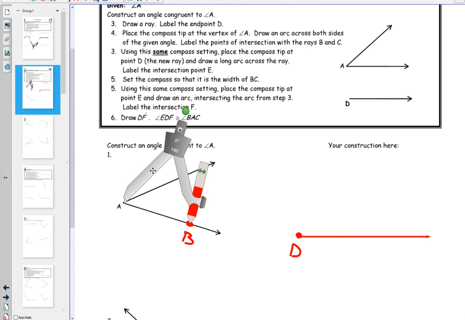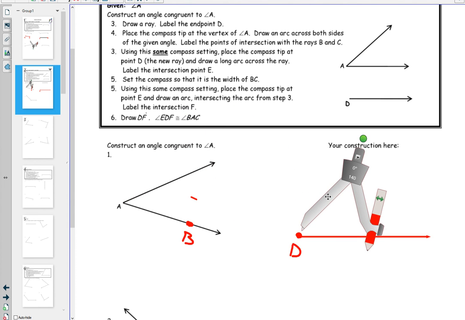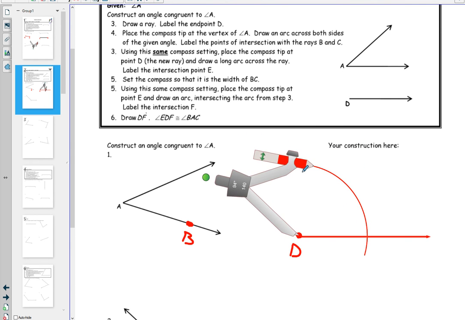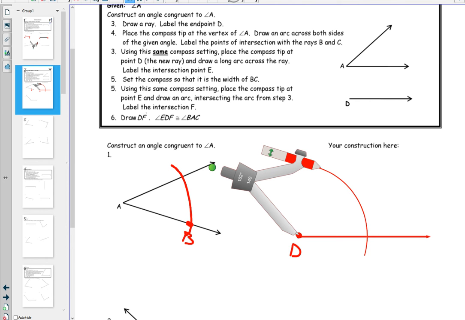Once you have that measured, bring the tip over to D. Remember, use your offhand to hold the little sharp tip, and use the top to spin it around. You're going to draw an arc big enough to where you would imagine that other angle going, so something like this. Enough where the arc would be able to capture the same angle.